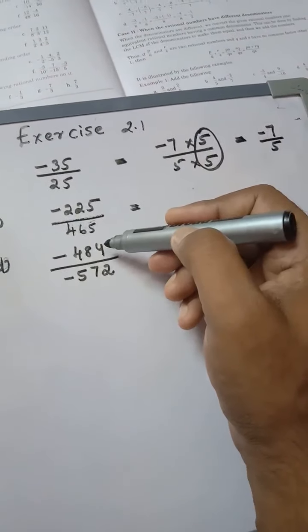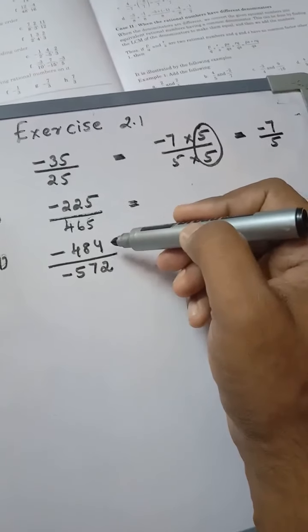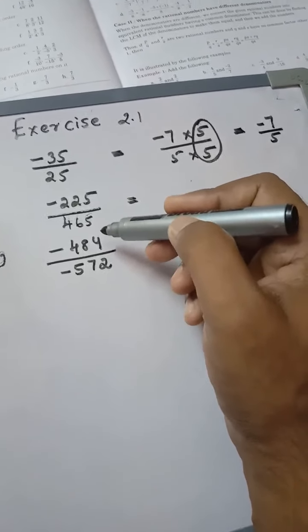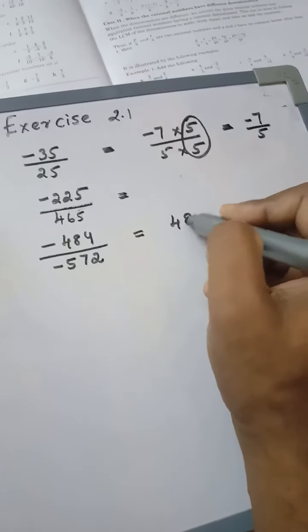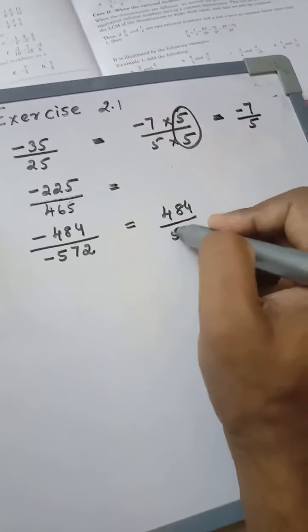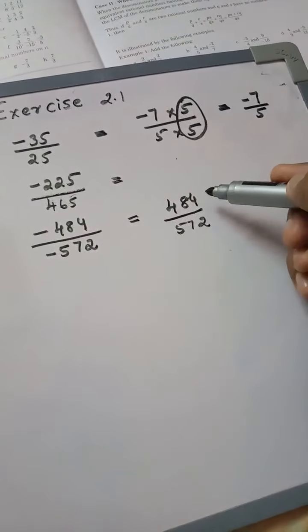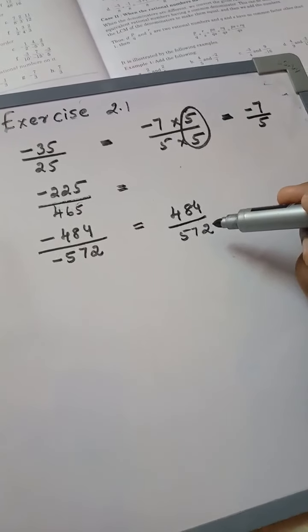Since the numerator and denominator are negative, we know that this is a positive rational number. By cancelling the negative sign, it will be 484 upon 572. Now we have to find the highest common factor and reduce it to the lowest term.